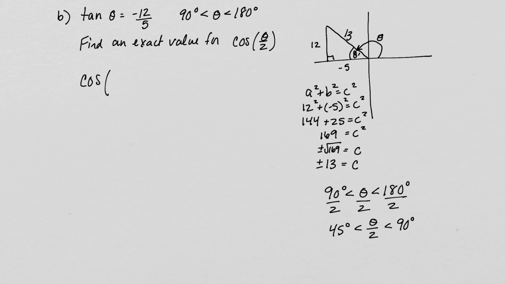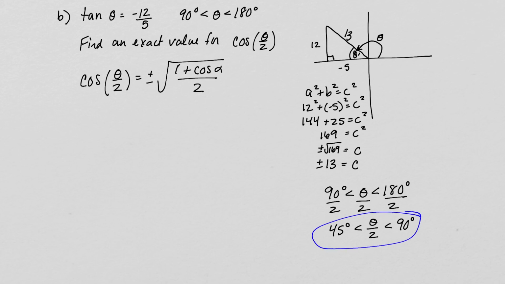So our formula, cosine of theta over 2, is going to be plus or minus the square root of 1 plus the cosine of theta all over 2. Since theta over 2 is in quadrant 1, the cosine is positive, so our answer is going to be positive.